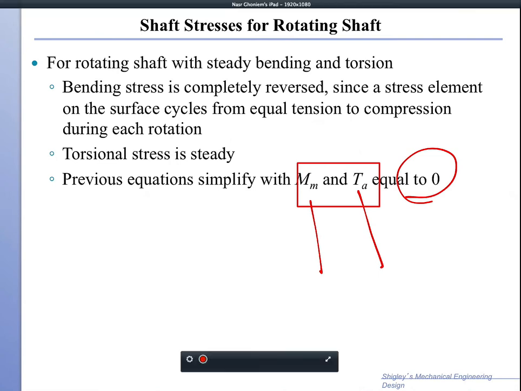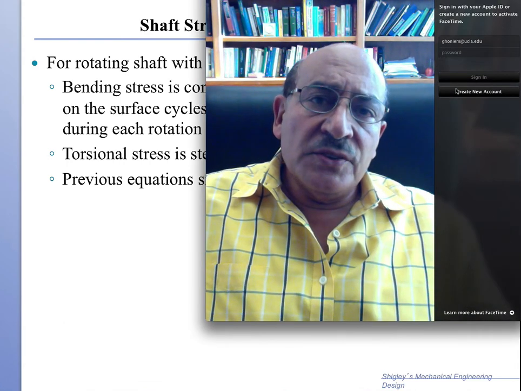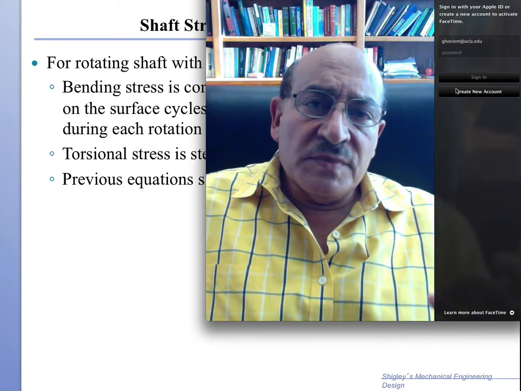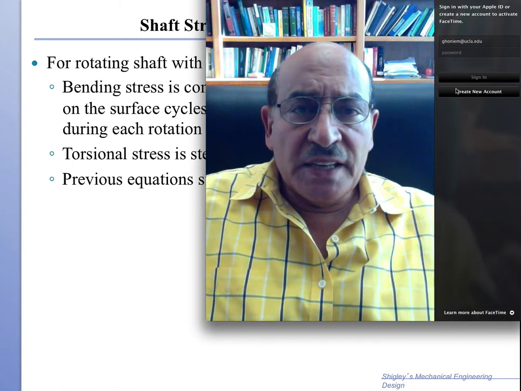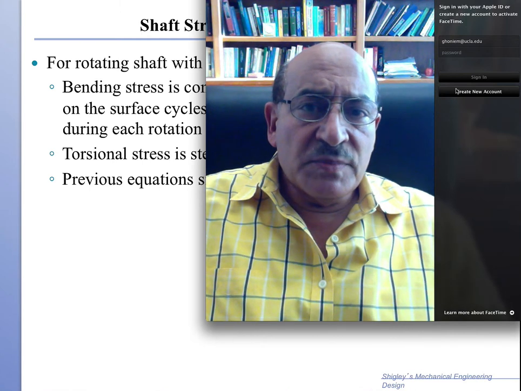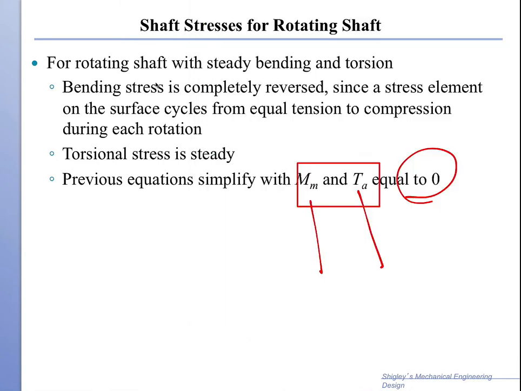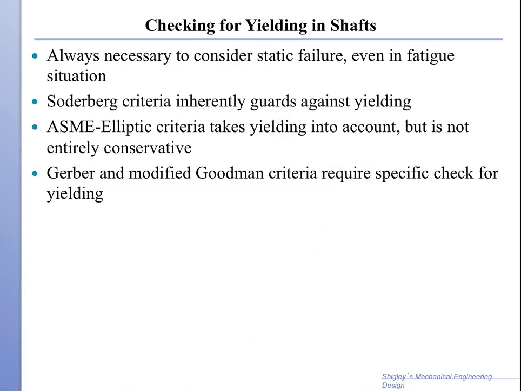So that kind of simplifies the previous equations. When you substitute for the mean moment to be 0 and the alternating value of the torque to be 0, then the equations would simplify and we'll be able to compute the fatigue life easily from any one of the previous equations.